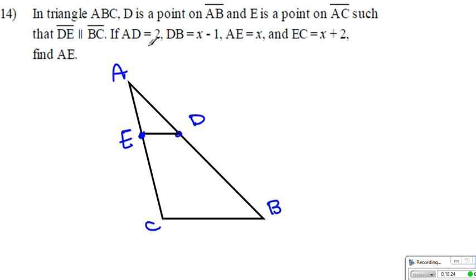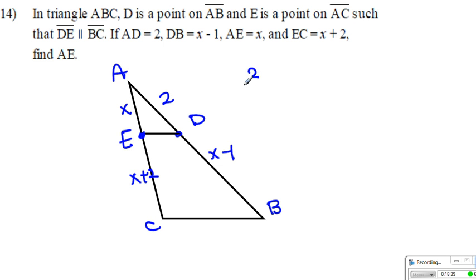Alright, now AD is equal to 2, and DB is equal to x minus 1, and AE is equal to x, and EC is equal to x plus 2. Then how are we going to do it?